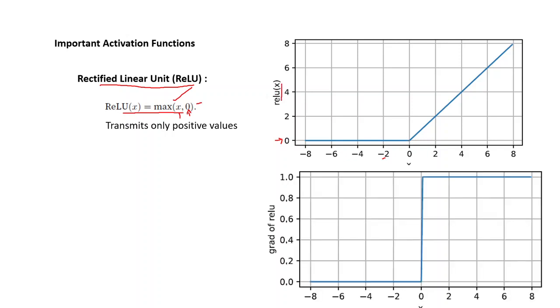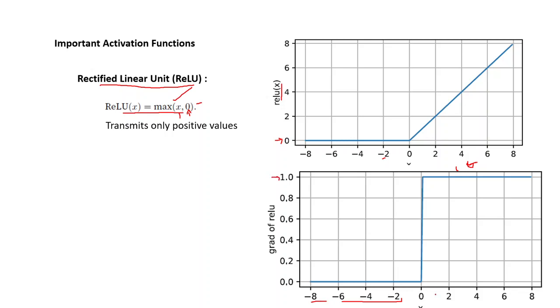Now if we take the gradient plot for this ReLU, we can see that when the value of x is negative, the value of the differentiation is 0. When the value is positive, it takes the value of 1.